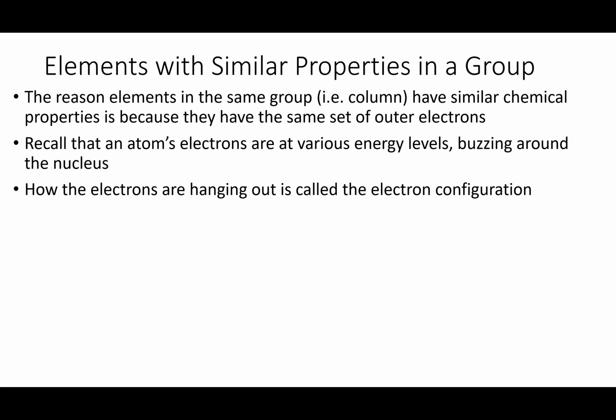I'm totally butchering this, but it's true. 6 electrons. That's what makes them similar. These are what we call outer electrons, or valence electrons. And that's what this thing shows you.